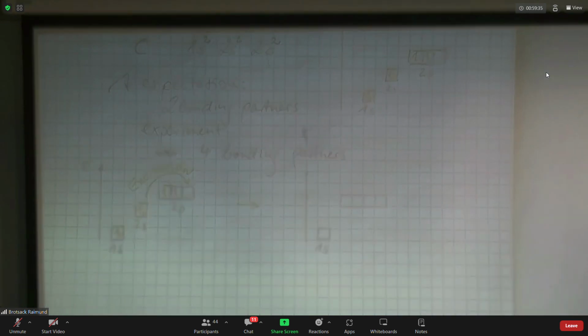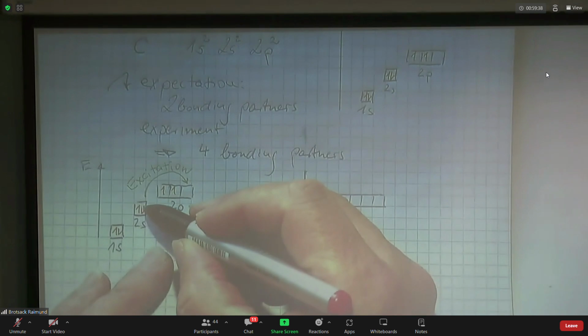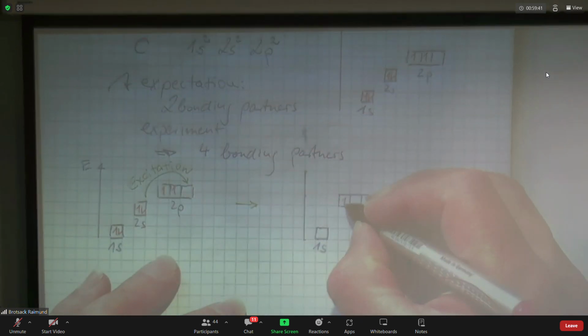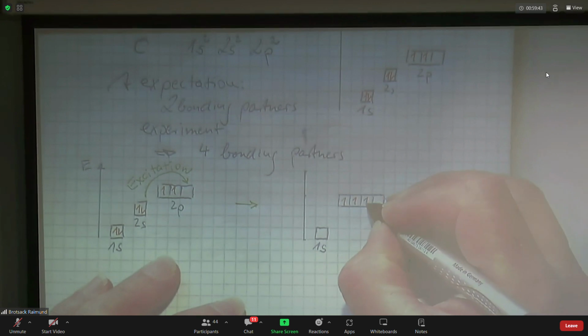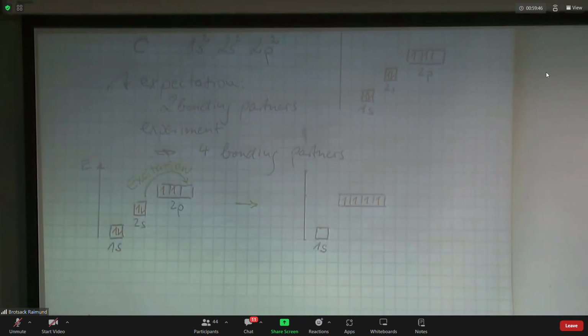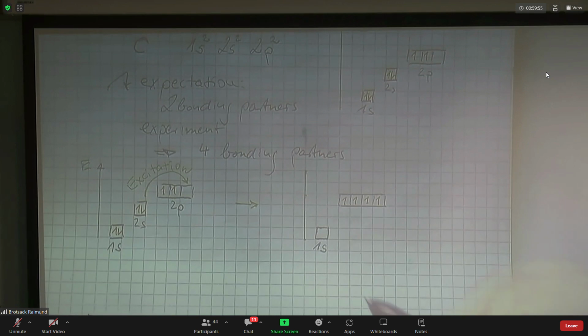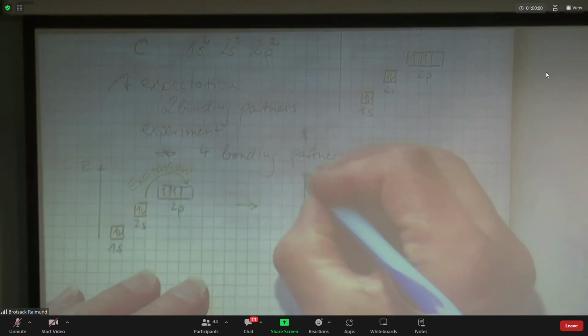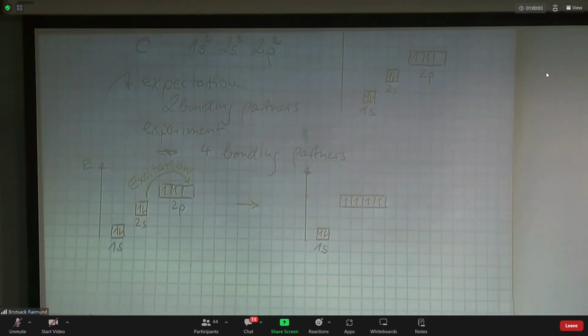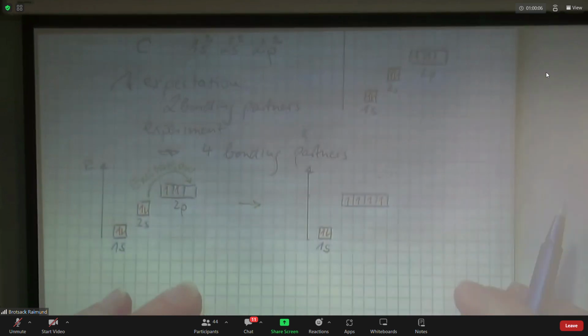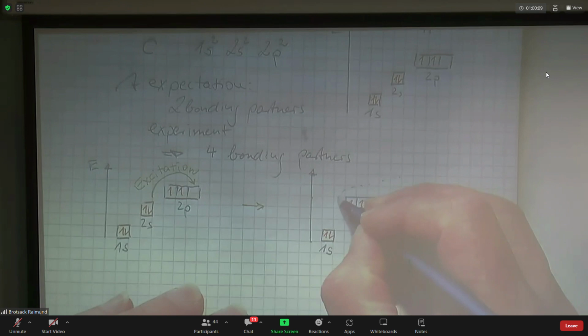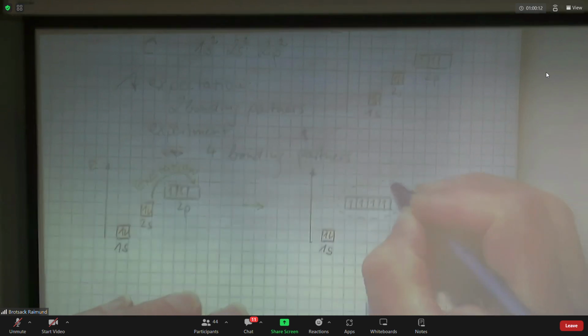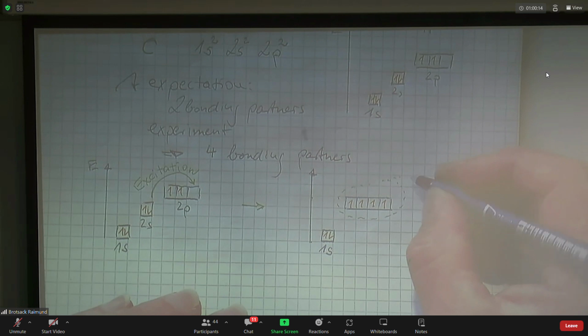And in there, one of the electrons jumped up. So we have 4 in total in this new type of orbitals. And of course the 1s is full. And now we can say, okay, now it looks like having the possibility to build a bond with 4 partners.